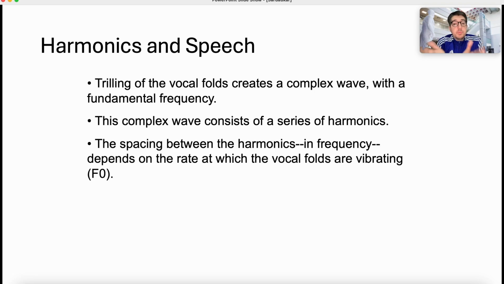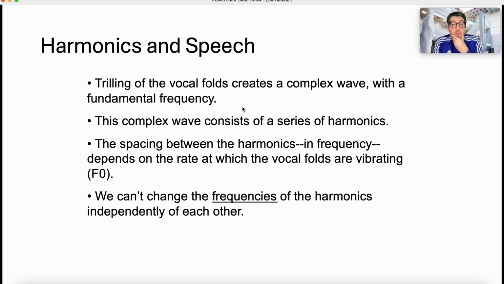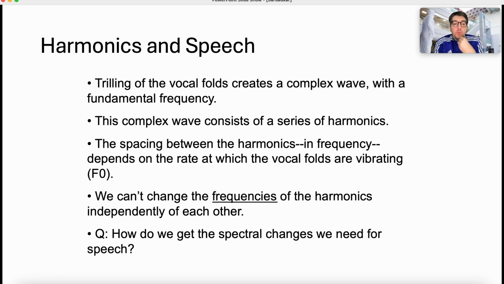The spacing between the harmonics depends on the rate at which the vocal folds are vibrating, so on this first frequency. We cannot change the frequencies of the harmonics independently of each other, but we need to change them in order to be able to speak, right? How do we do this? How do we get the spectral changes?